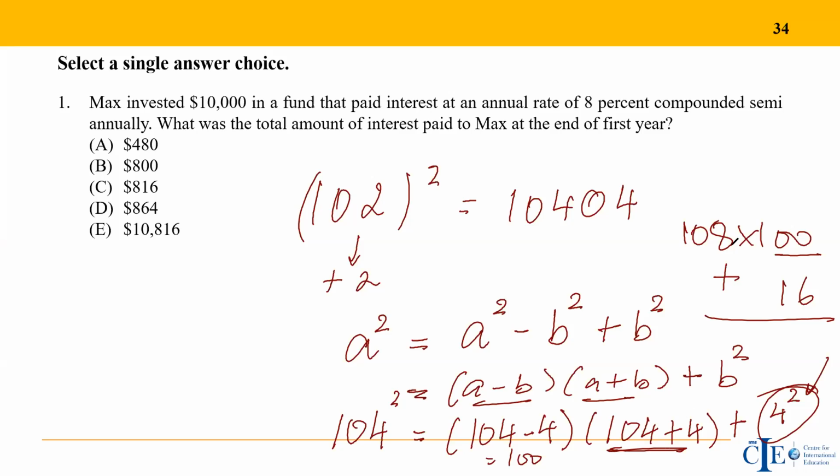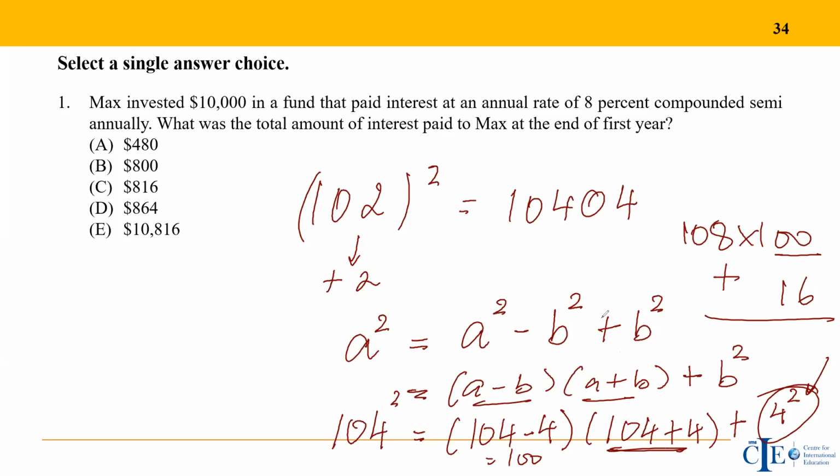So the square can be simply 104 plus 4, which is 108 as the higher digits value, and then the last two places come as 4 square, which is 16. That's the simple logic for this method. Now you can also use this in case it is smaller than 100, because in that case a plus b becomes the 100.